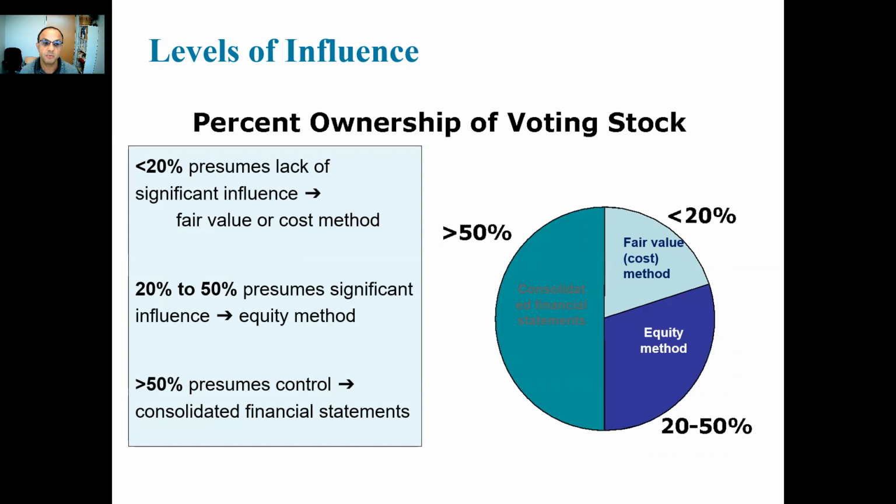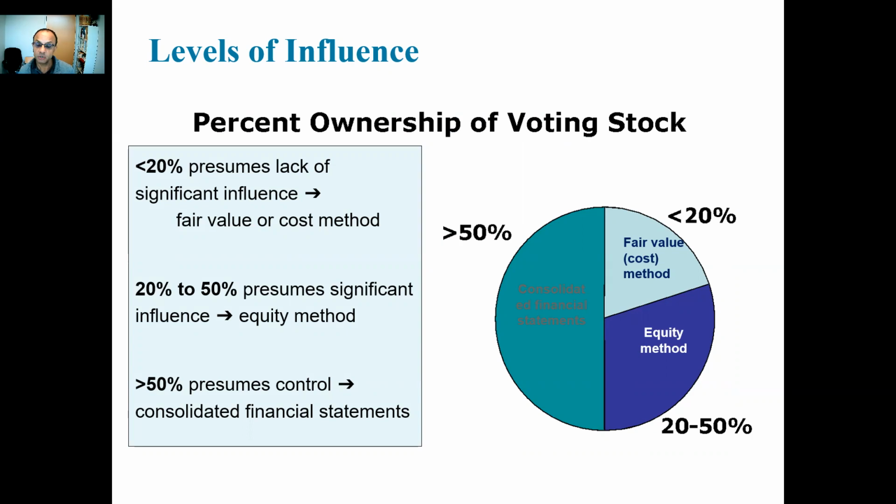If the parent company is acquiring less than 20% of shares from the subsidiary company, the parent company can use the fair value or the cost method in making their journal entries. And I'm going to show you how to make the journal entries based on fair value or cost method.